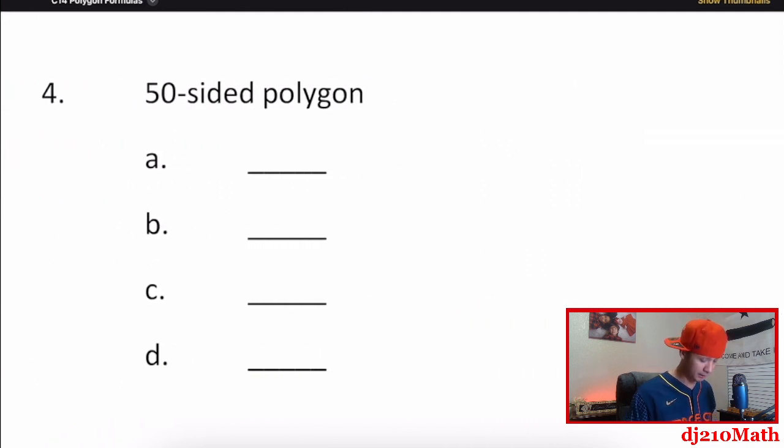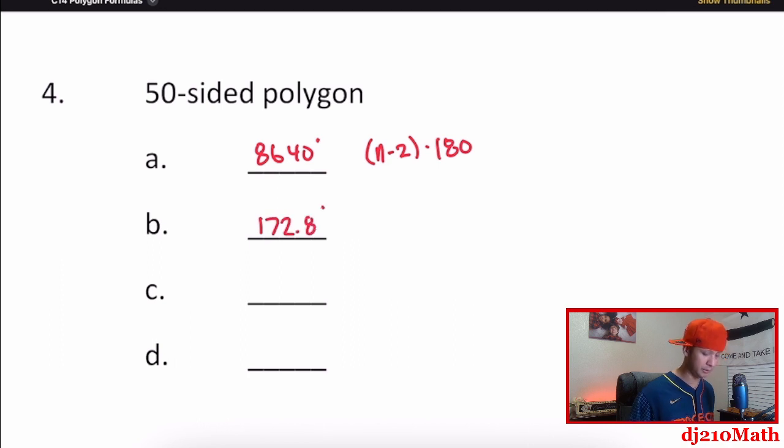Okay, a 50-sided polygon. Again, n minus 2, the number of triangles, times 180. So 48 times 180 is 8,640 degrees. Each individual interior angle will be that number divided by the number of sides, so divided by 50, which is 172.8 degrees.